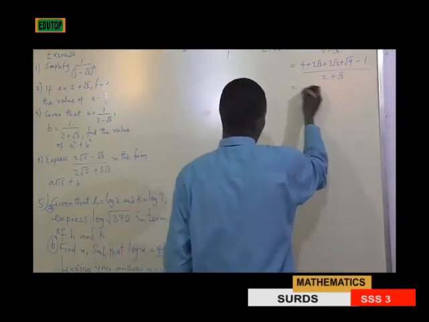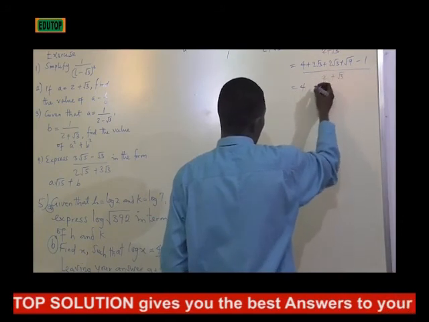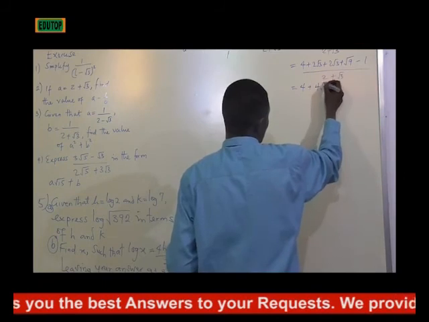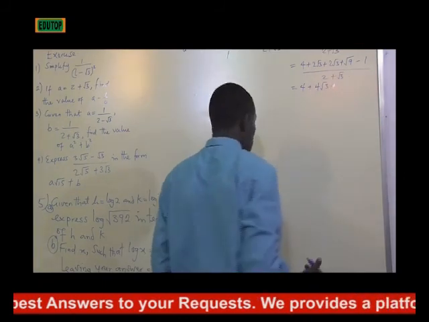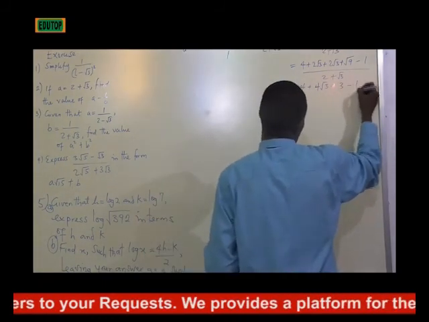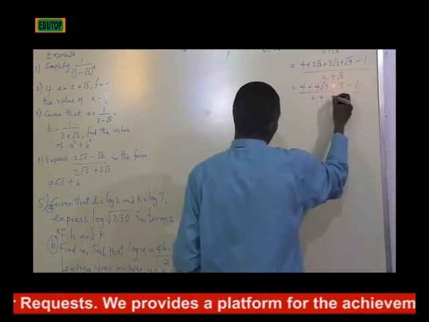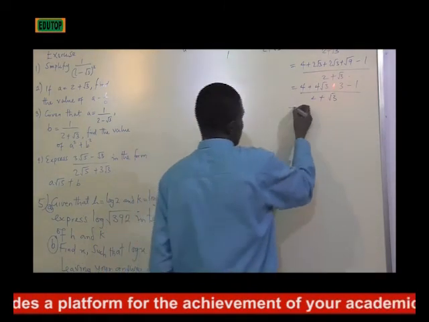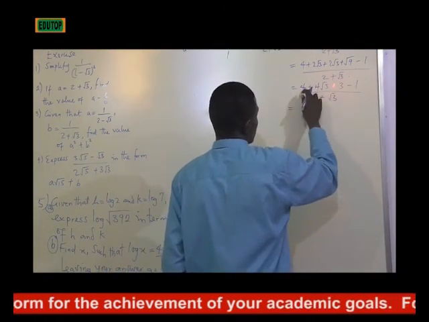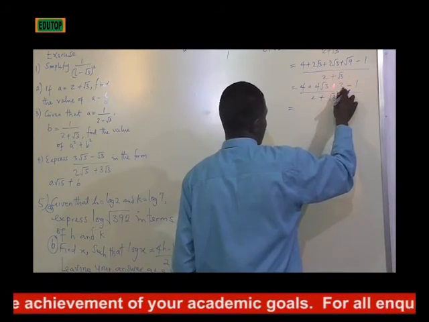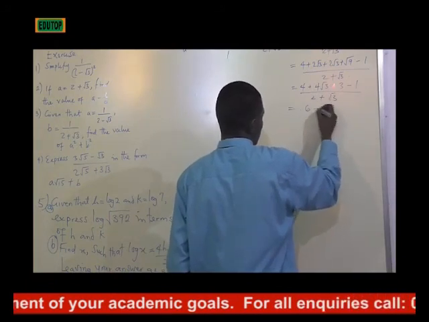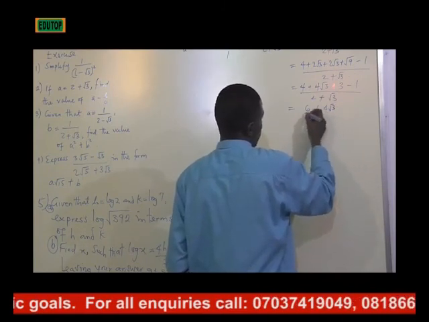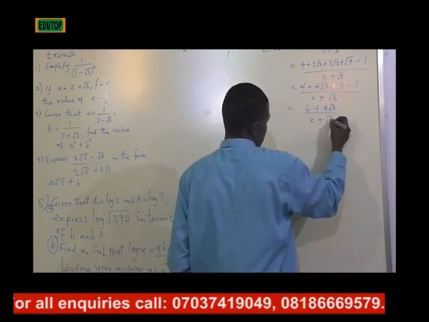Then to simplify this, we have 4 plus 4 root 3 plus root 9, which is 3, minus 1 over 2 plus root 3. We can simplify this further: 4 plus 3 is 7, 7 minus 1 is 6. 6 plus 4 root 3 over 2 plus root 3.